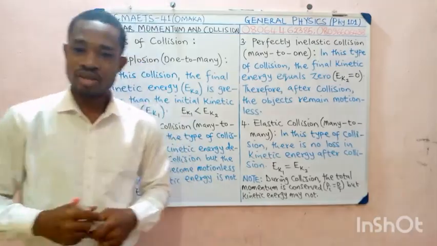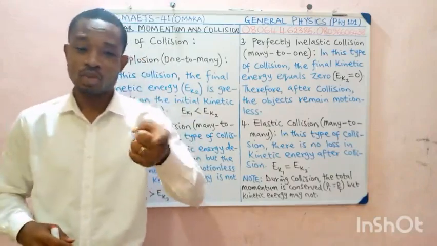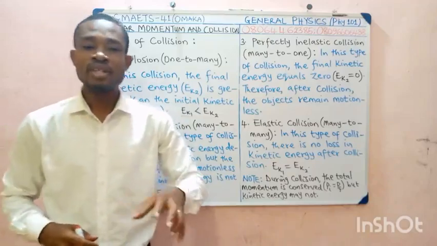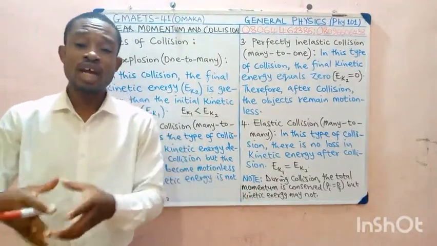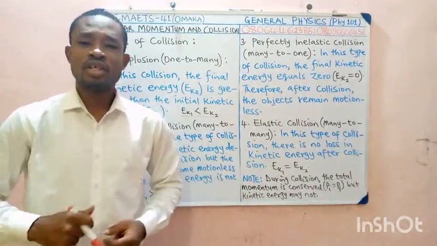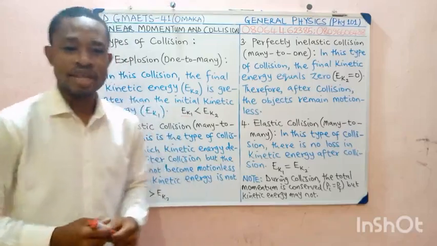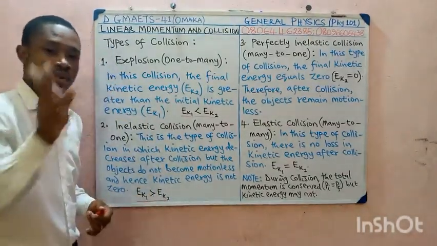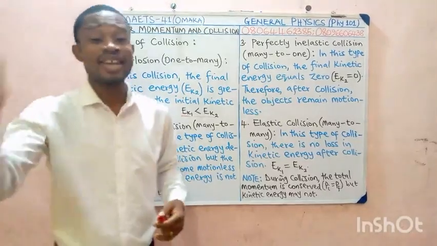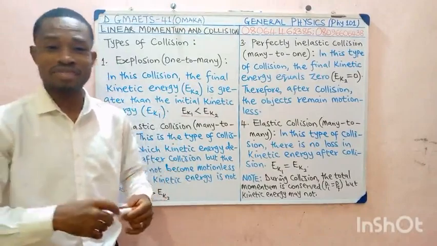In such a case, the final kinetic energy will decrease. It therefore means that inelastic collision, also known as many-to-one type of collision, is one in which the final kinetic energy is less than the initial kinetic energy. The other way around, the initial kinetic energy is greater than the final, even though the total momentum of the system is conserved.